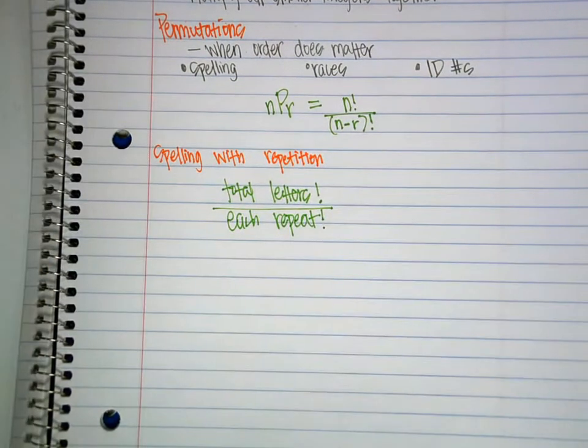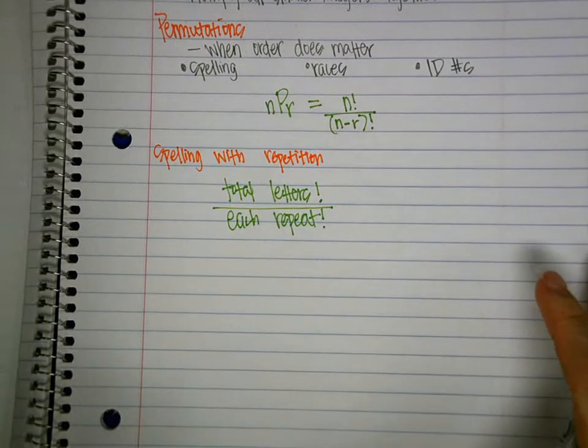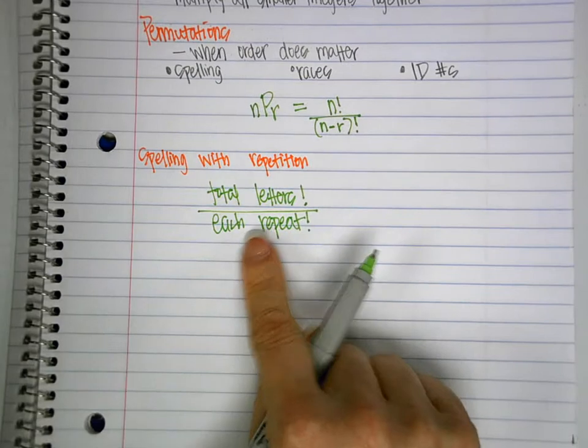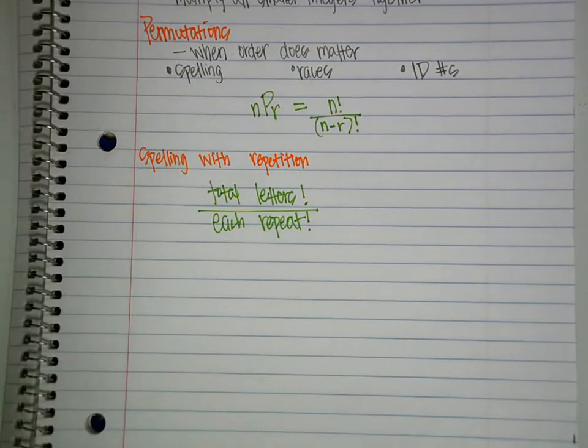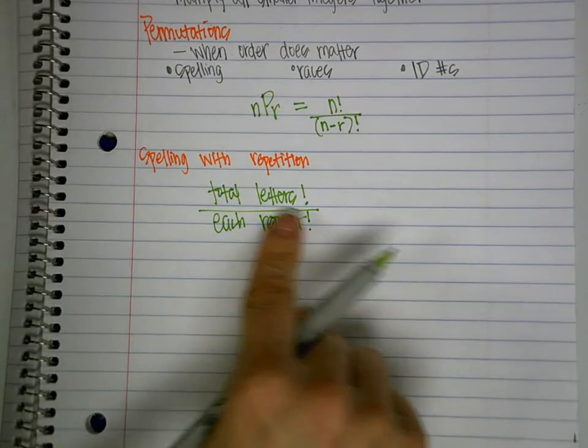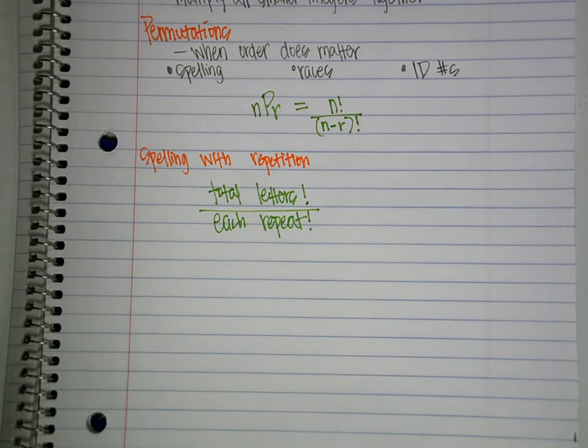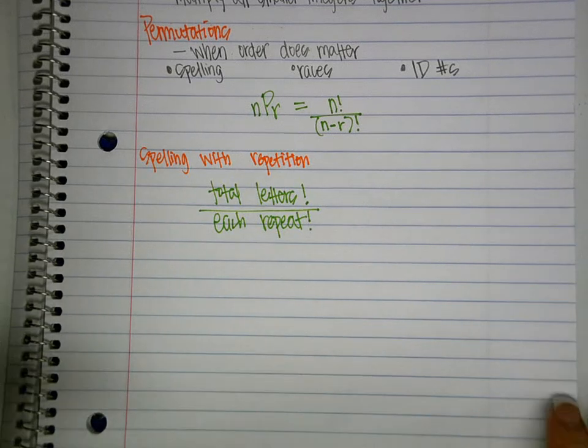So that means if you have two different letters that both repeat, you're going to have to write two different factorials in the bottom. Not the total repeats on the bottom, but each repeat. You have to write them separately. So total number of letters factorial divided by each repeat factorial.